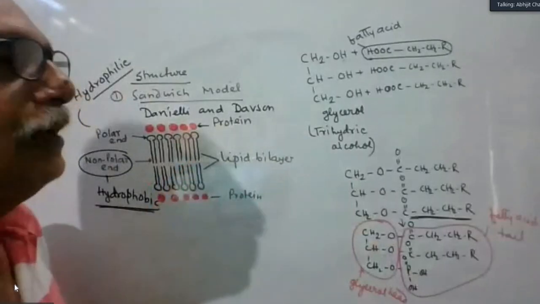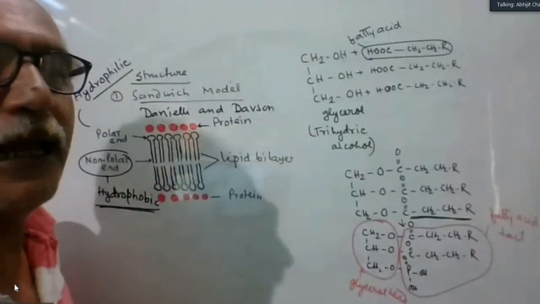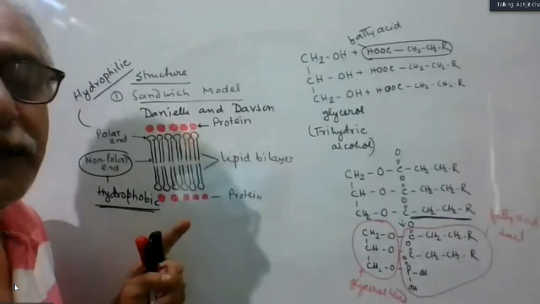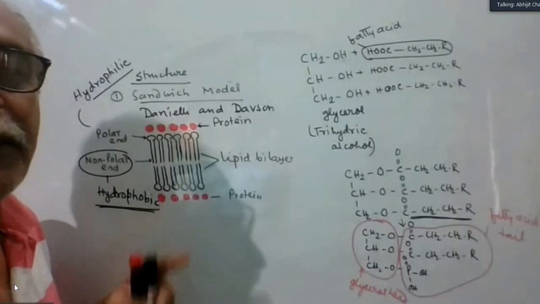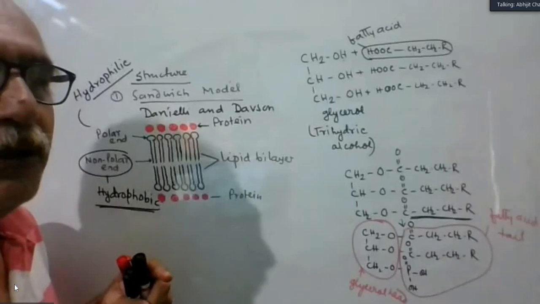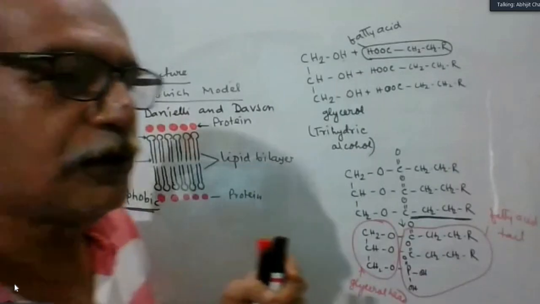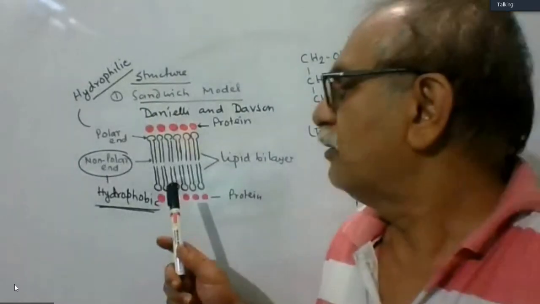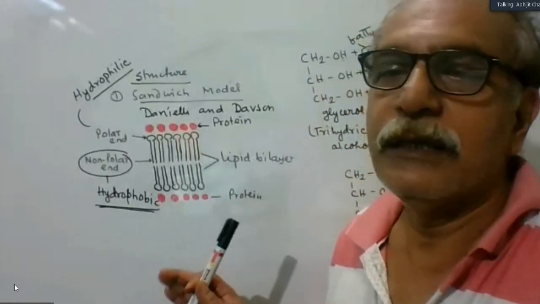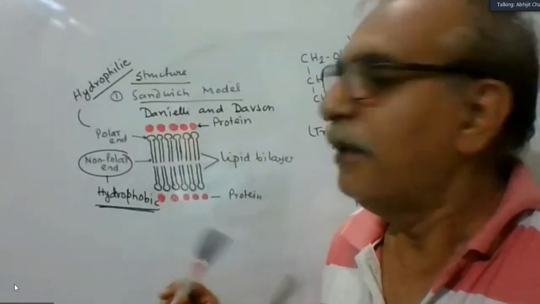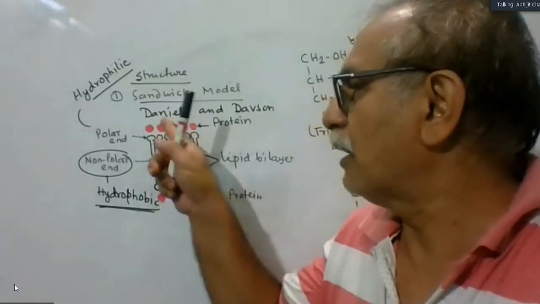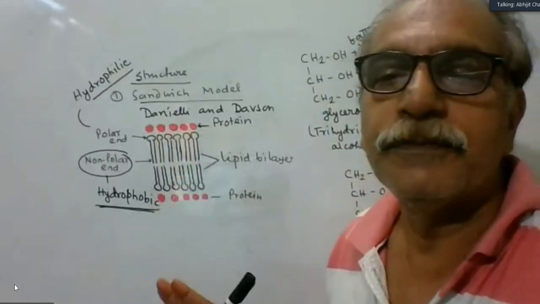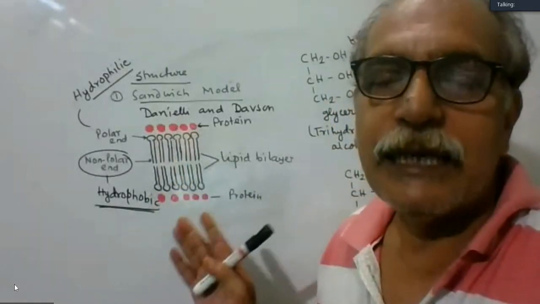As the center is hydrophobic, how can this membrane allow water-soluble molecules to pass through it? This could not be explained by this model. How water-soluble molecules can move through this membrane is not explained by this model. Clear? Because here it is hydrophobic. Is it clear to you?